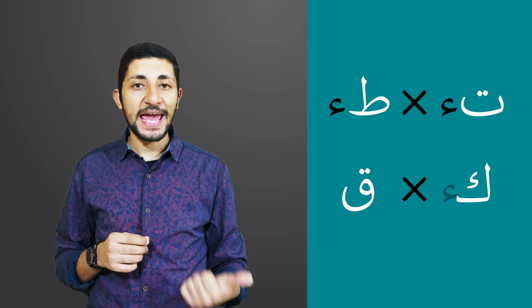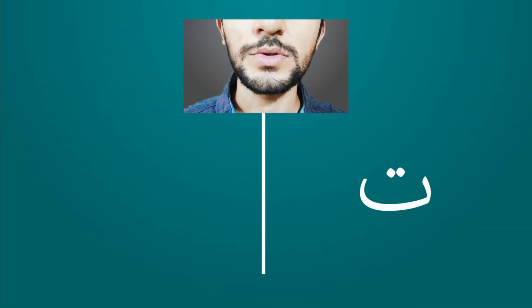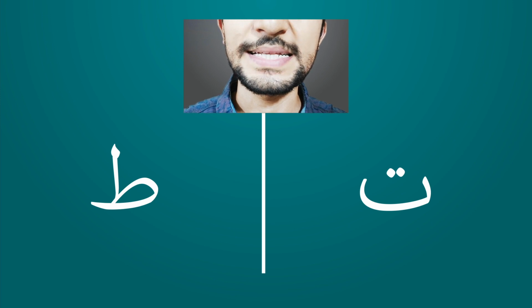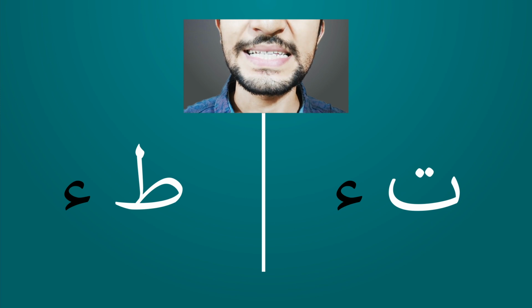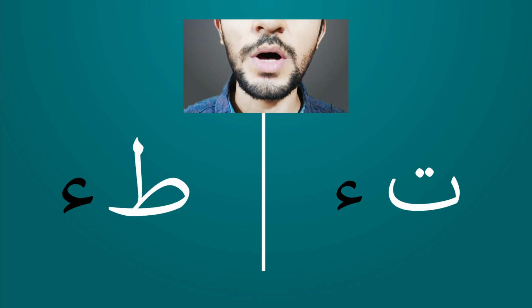So whenever we add it to the first one, te, it becomes te, ta, ke, qa. Now look at my mouth and see the difference. I want you to practice with me. Te, ta, te, ta, te, ta.